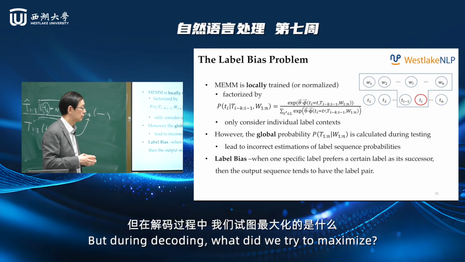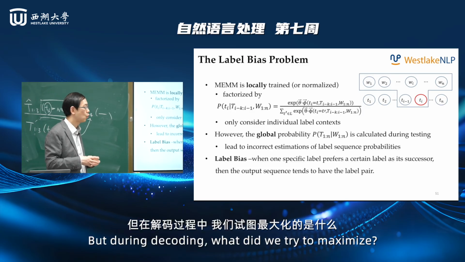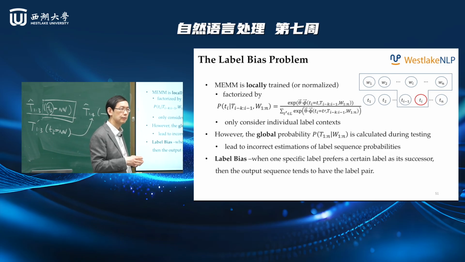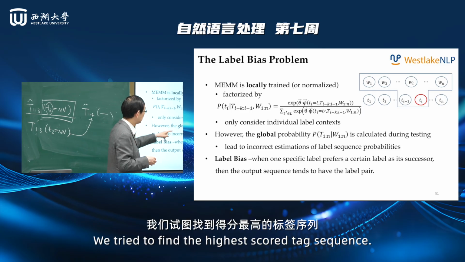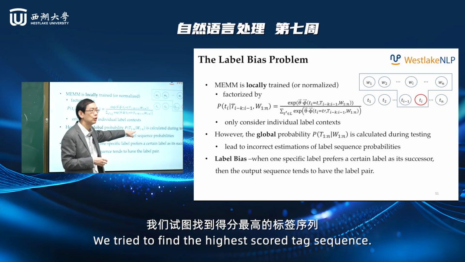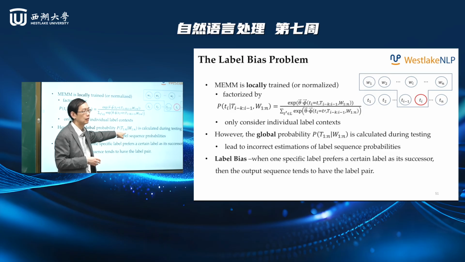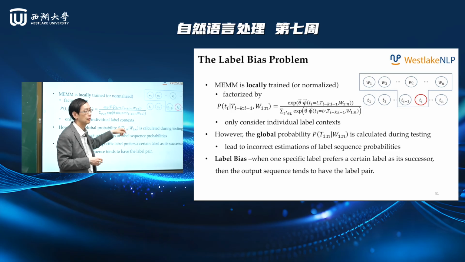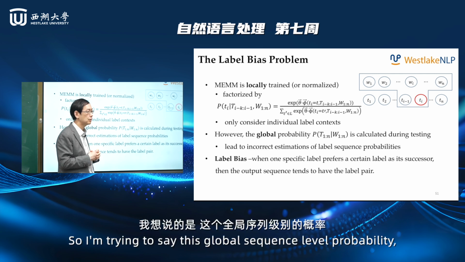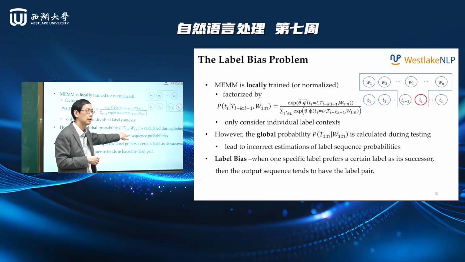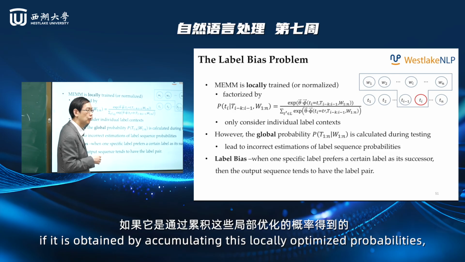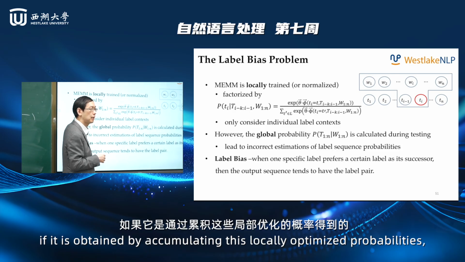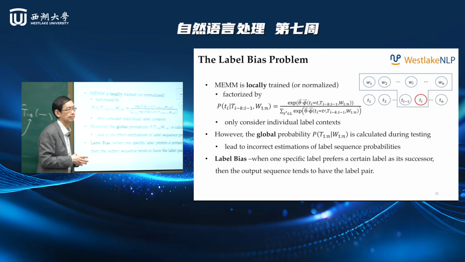But during decoding, what did we try to maximize? We tried to find the highest scored tag sequence. So I'm trying to say that if this global sequence level probability is obtained by accumulating these locally optimized probabilities, then we have a bug.